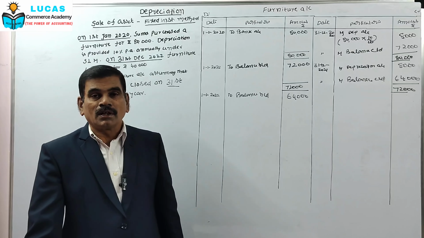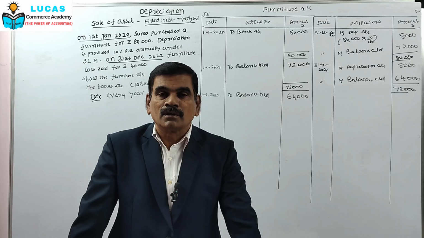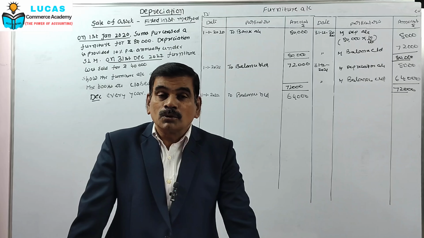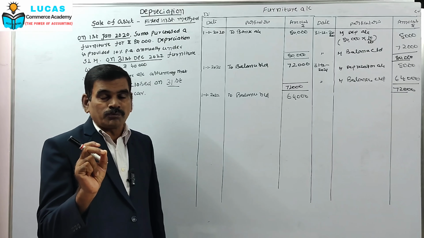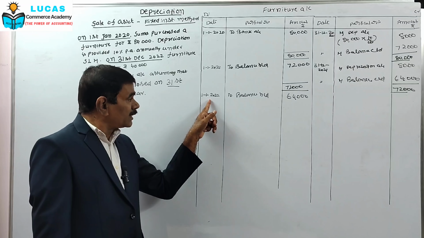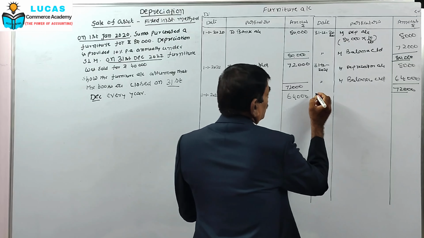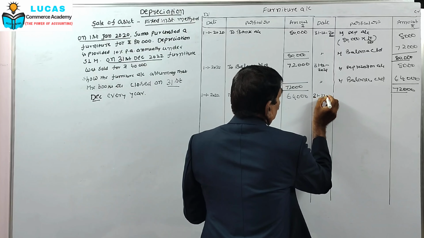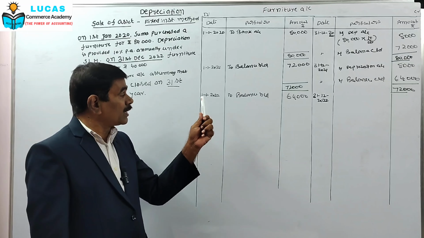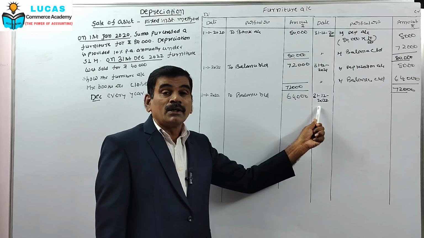So in the year of sale, we have to follow three steps. Step 1, calculate depreciation from the commencement of that year to the date of sale. So when the sale is made on 31st December, that means 31/12/2022, calculate depreciation from the commencement of 2022 to the date of sale.